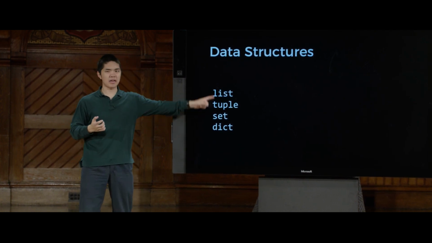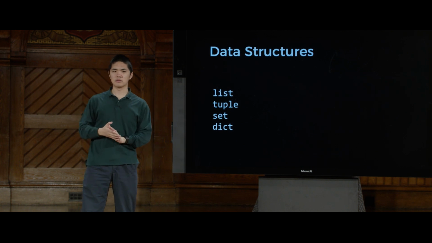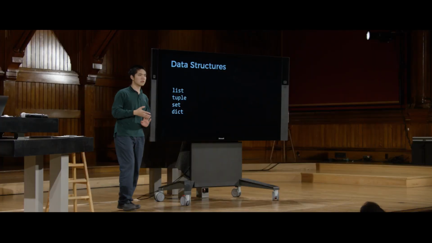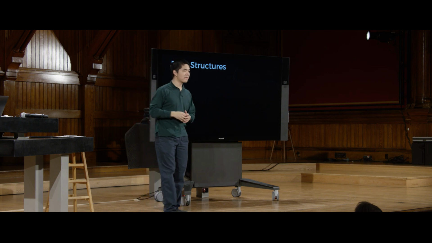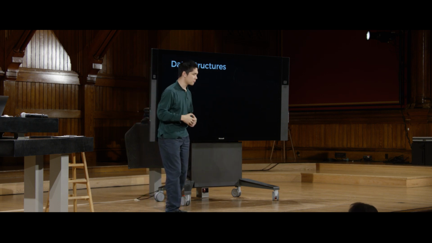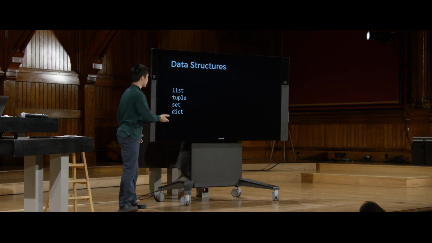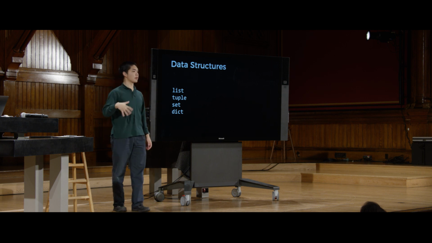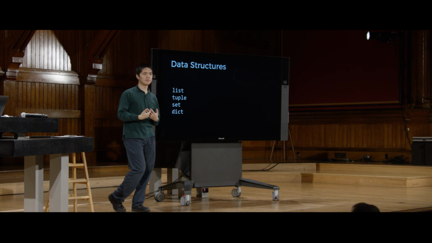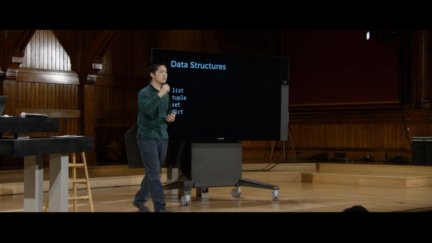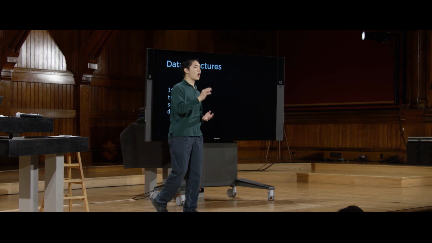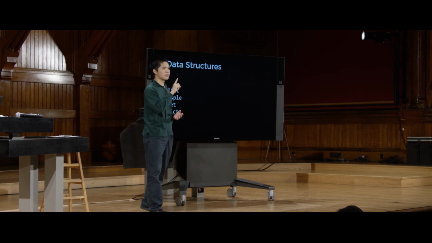And what's the difference between a set and a list? Yeah. Go ahead. No repeated values in a set. A set, all of the elements are unique. What's the other main difference, yeah? Sets are ordered or unordered?